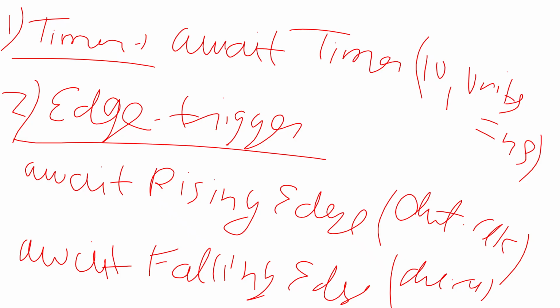That means for rising edge, the clock must go from 0 to 1, and only then will the coroutine resume. And for falling edge, the clock must go from 1 to 0, and only then will the coroutine resume.